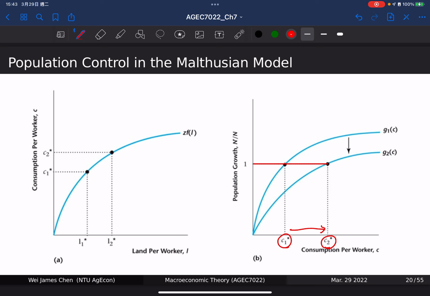Remember, there's no technology change here. So what it really does is it will increase the land per worker.